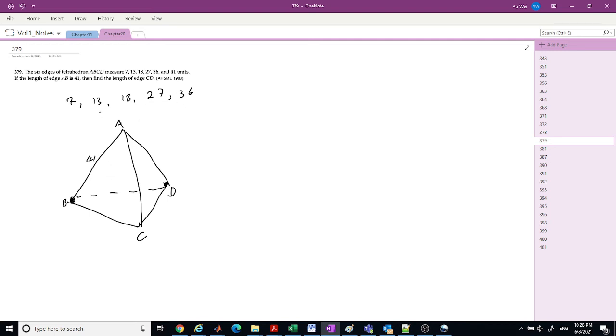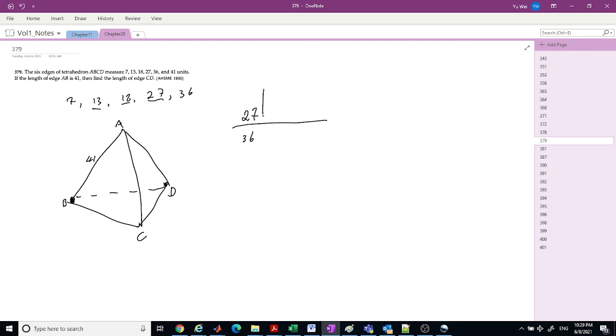So 41, 13 plus 18 is only 31, right? So no way. So in order to make the 27 to be greater than 41, the 27 can only add... 13 doesn't work, right? Add 18. If 27 group with the 36, then you never can have another 41, right?